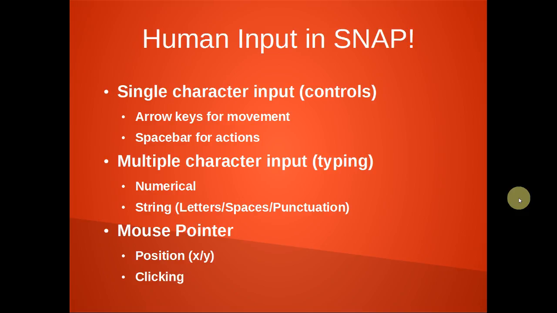There is multiple character input, which has a few different types. You can type in numerical values specifically, or just a string, which is literally just a random string of whatever characters you may have, and fed in as such, treated as such, not as a number. And then there is the mouse, which can either be position based, where you're at on the screen, or by clicking.